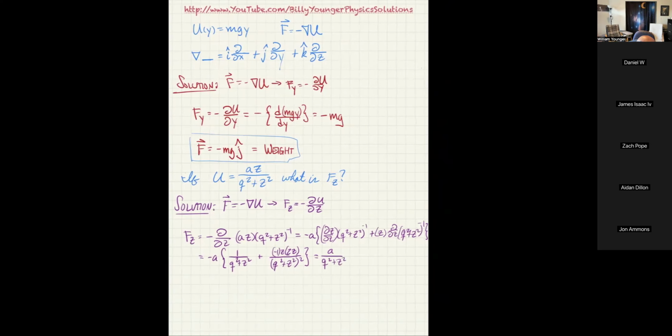Now the next one is a minus because of that negative one that came in there. And now I'm going to get 2a z squared over q squared plus z squared, but this denominator will actually be squared. So we could get a common denominator by multiplying the top and bottom of the left fraction by q squared plus z squared.